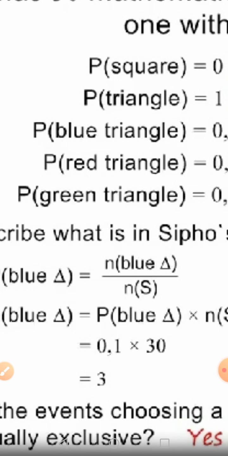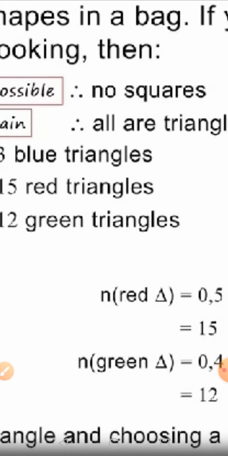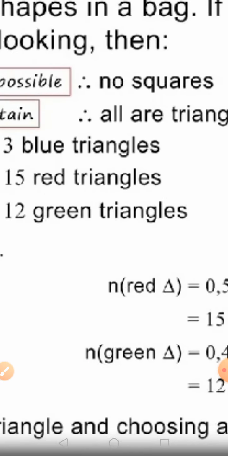Okay, what if the probability of triangle equals 1? It means it's certain, all the shapes are triangles, so the number of triangles is what? Amazing, 30. Why? Because it's certain, which means all are triangles.